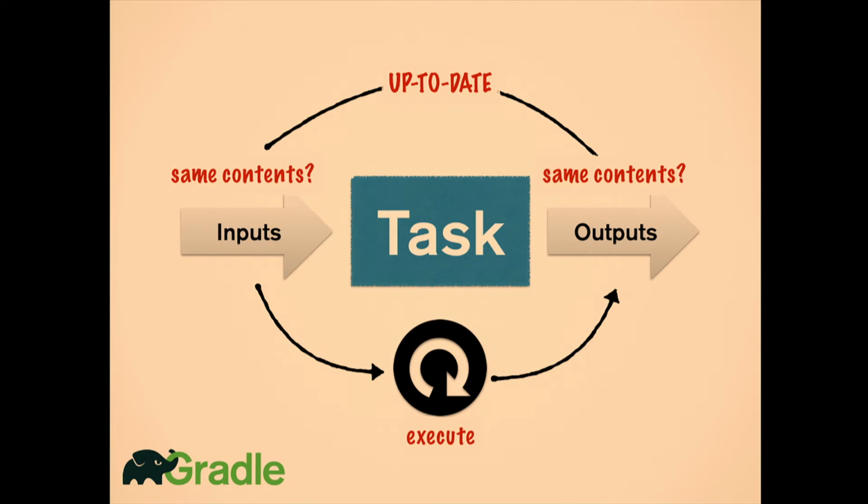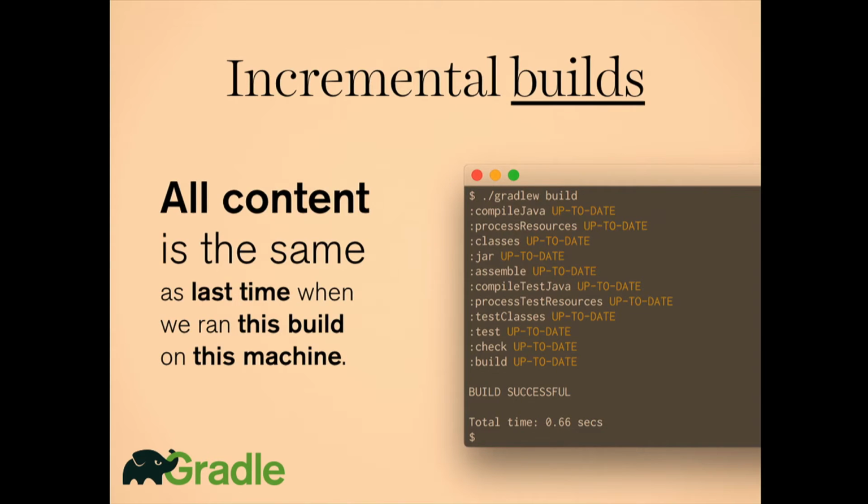And if the answer to both questions is a yes, then we know that we don't need to execute this task because we know that the inputs are the same, the task is the same, so the outputs must be the same and they are already there. So we can just print this little up-to-date label after the task and we are ready, right?